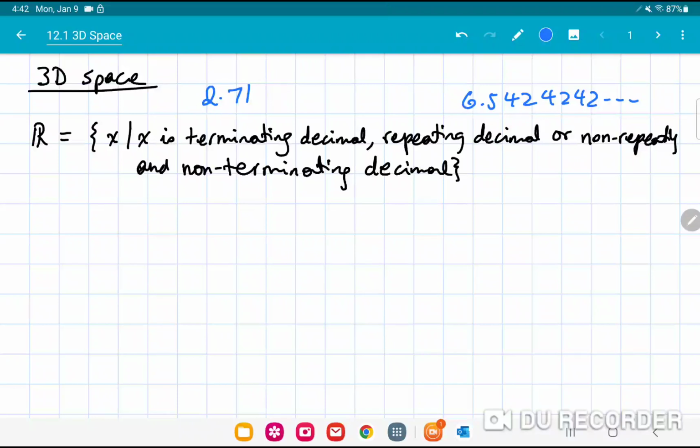Okay? Non-terminating, non-repeating decimal, pi is one of those. The square root of 2 is another one. Those are irrational numbers. And I can craft one example that has a pattern.